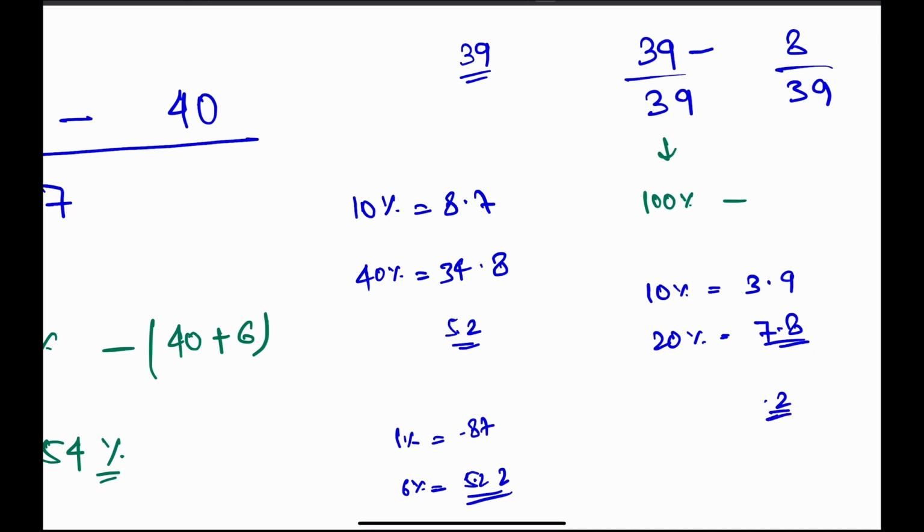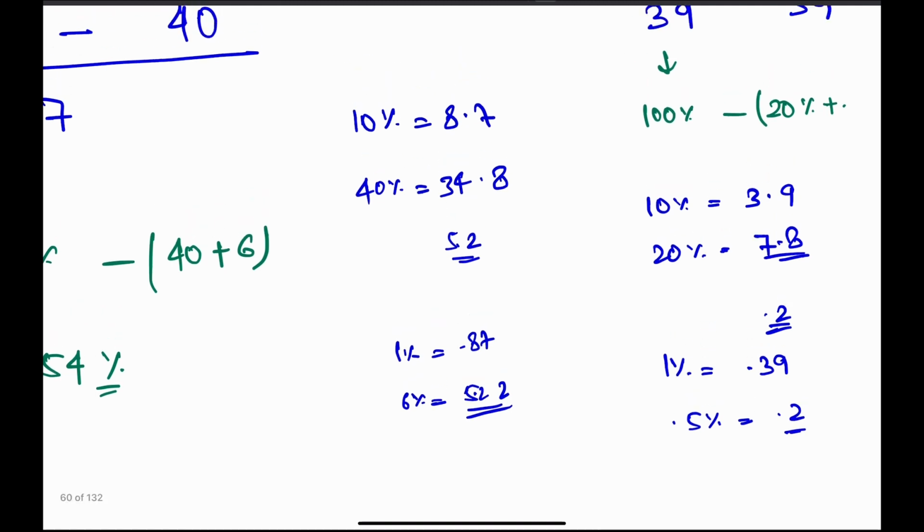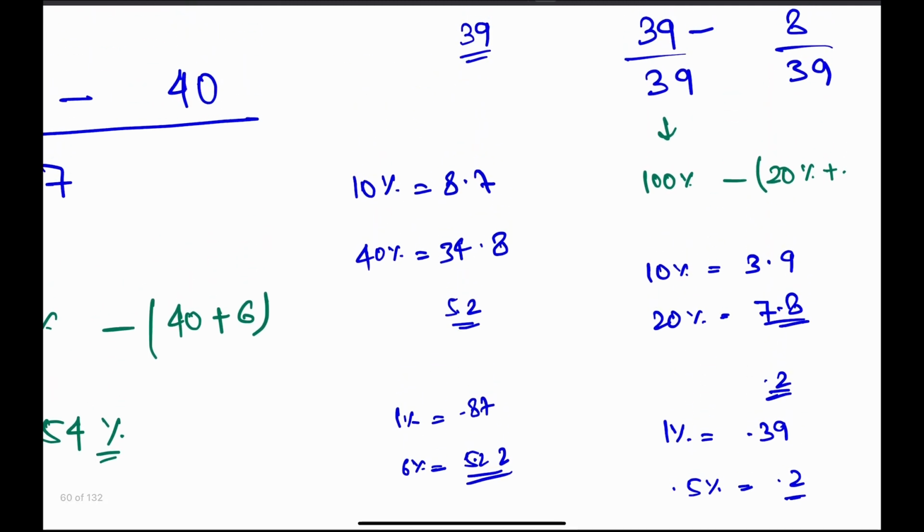So I'll just write over here 20%, and we need 0.2 extra. 1% will be 0.39, and 0.5% will be half, is 0.2 approximately. So I'll just write over here 0.5. So it will be becoming 20.5. 100 minus 20.5, 100 minus 20 is 80, then 79.5.